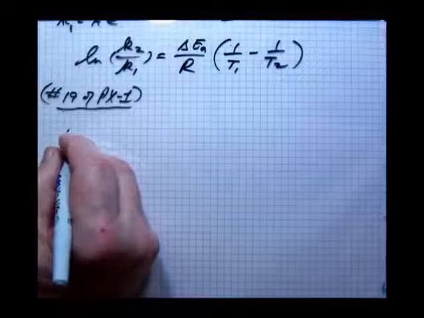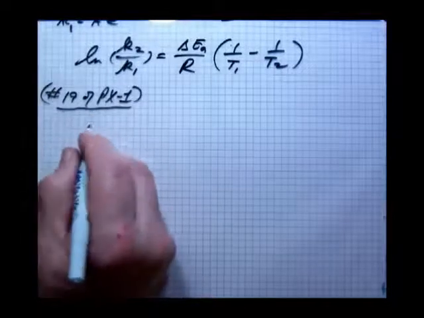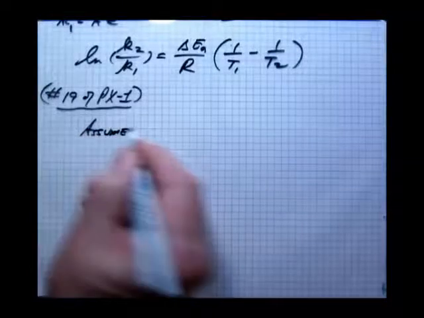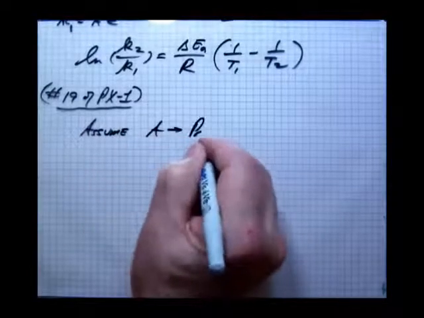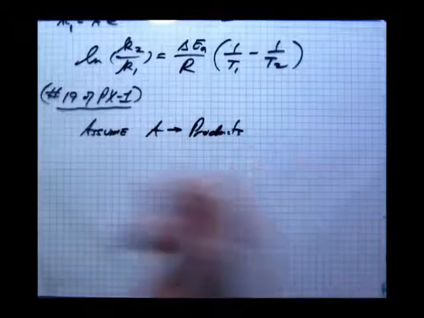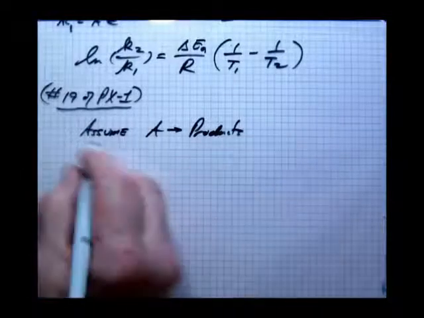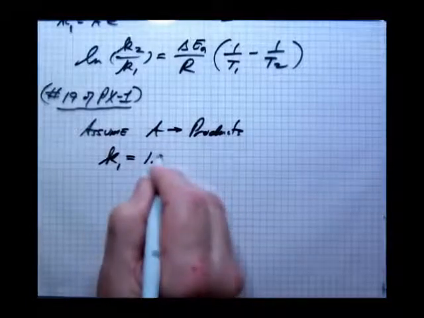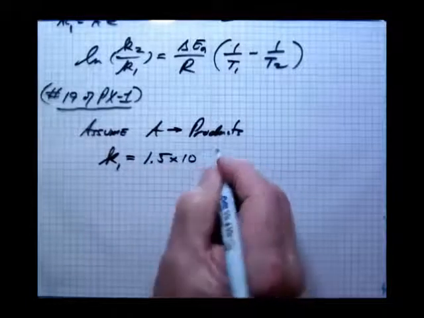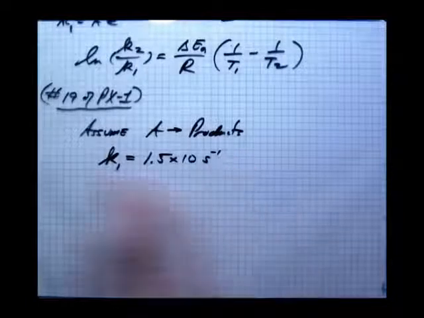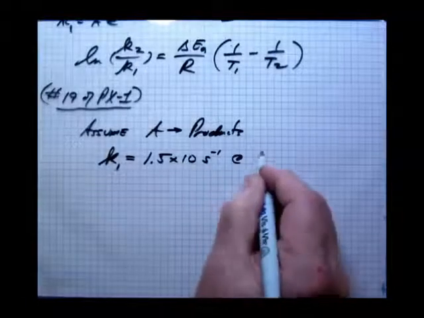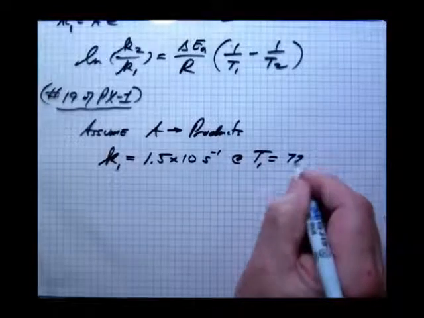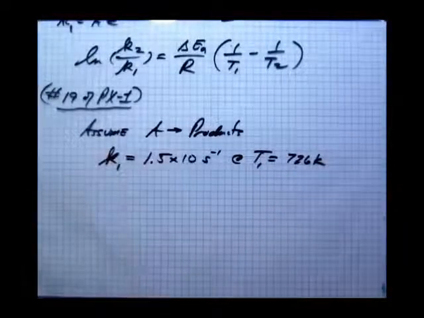The rate constant for a first order reaction is given. Assume A goes to products for a given reaction. This has a K1 equal to 1.5 times 10 to the reciprocal seconds, s⁻¹, at T1 equals 726 kilojoules. Thank you.